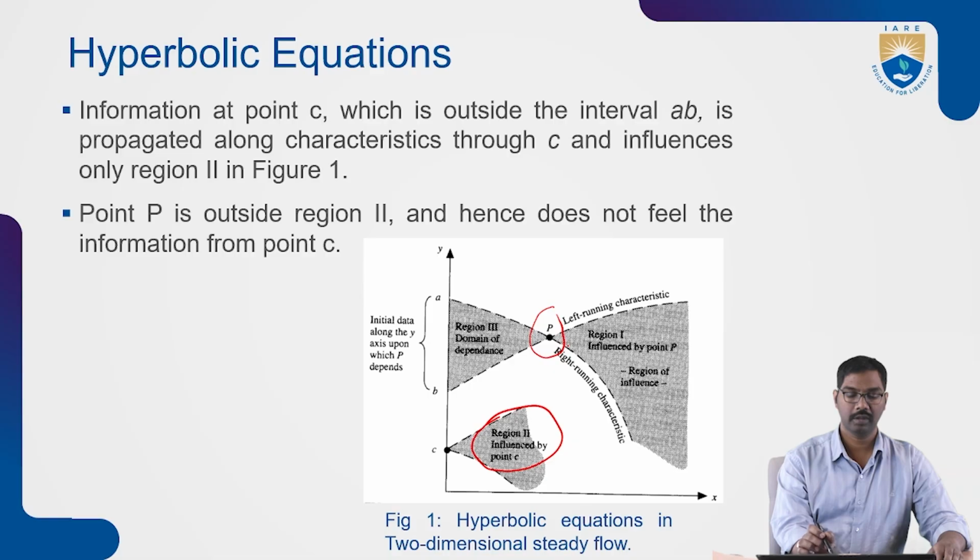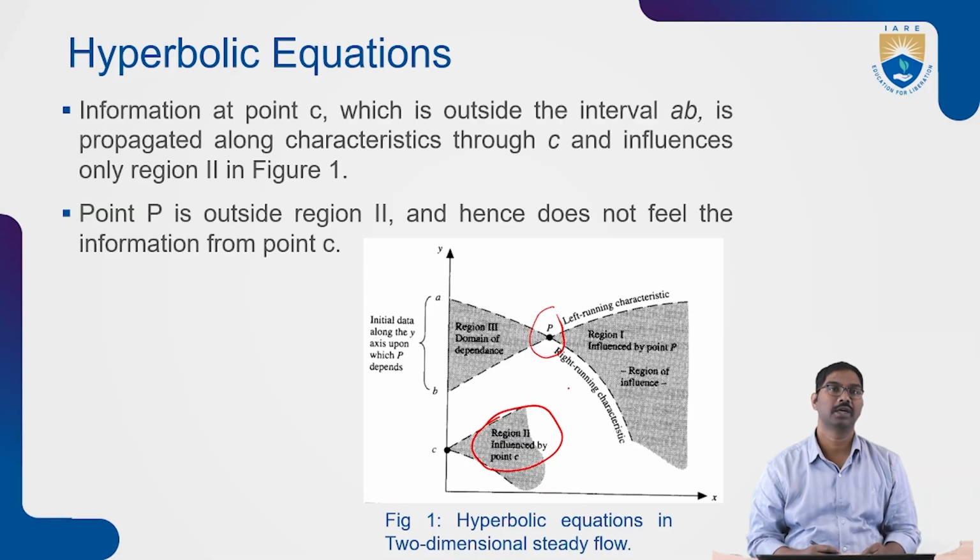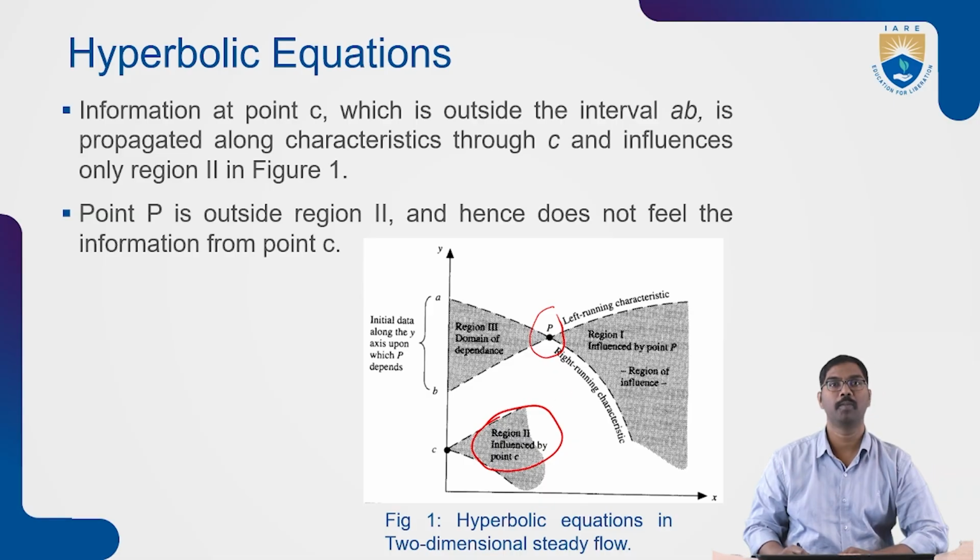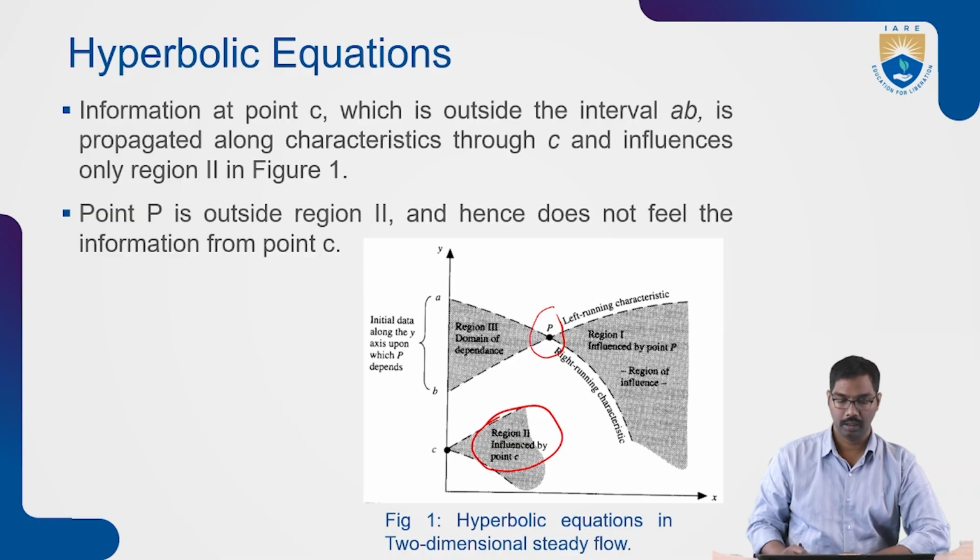It is not related to it, so it is out of its domain, or we can consider that region 2 is influenced by the solution of point P. In that way, we can differentiate the points, and their approach is defined with respect to the characteristic lines, the domain of dependence and the region of influence.